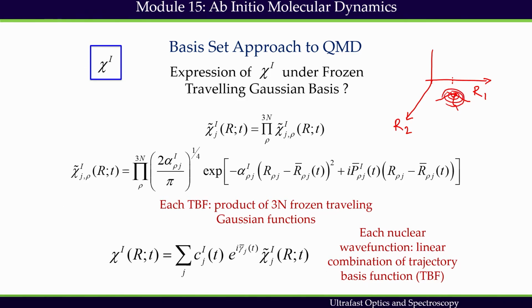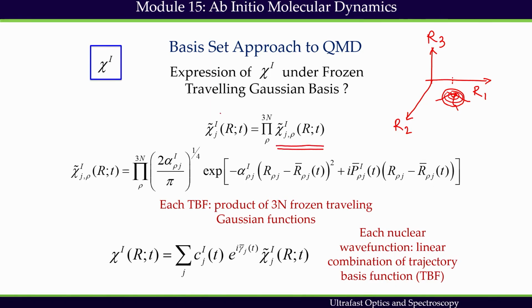It's more like localized in two-dimensional space. Similarly, in three-dimensional space there is another Gaussian, which will be along the z-axis, the R3 axis. In order to get a localized function, because we have to localize the Gaussian, we cannot spread it over the space. In order to get the localized Gaussian function, we take the product of individual Gaussian functions.